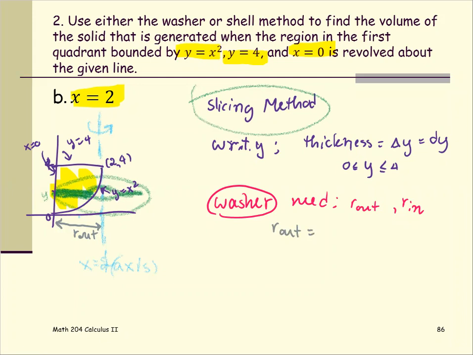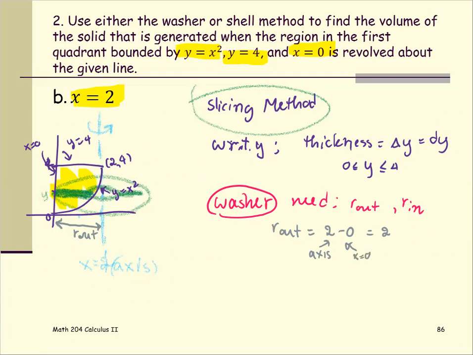The right function would be the line x equals 2, the axis of revolution, minus the left function, which is the inner part of the washer, the line x equals 0. So the outer radius is 2. In this case, the axis is on the right of the graph, and this is the line x equals 0.